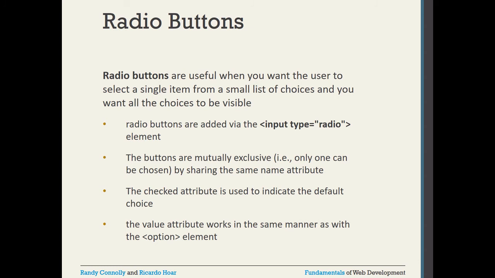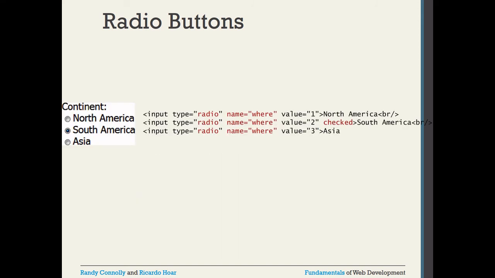Got it? And whatever value you write for the selected option, that value will pass. You see the example here: input type equal to radio, name equal to where, and value equal to 1, North America, then again value 2. One more thing: by default, if you want something checked, then you can write checked. This is again one of the attributes for input type radio, and for the checkbox also. So South Africa is checked by default.